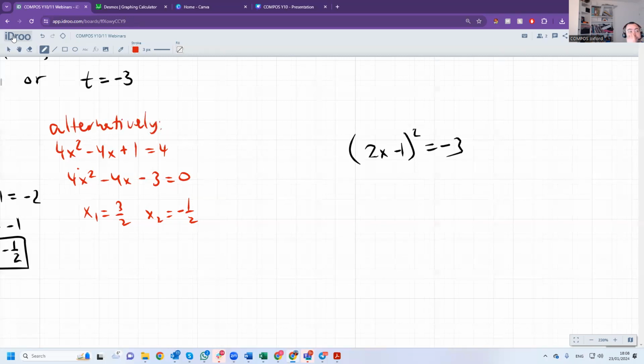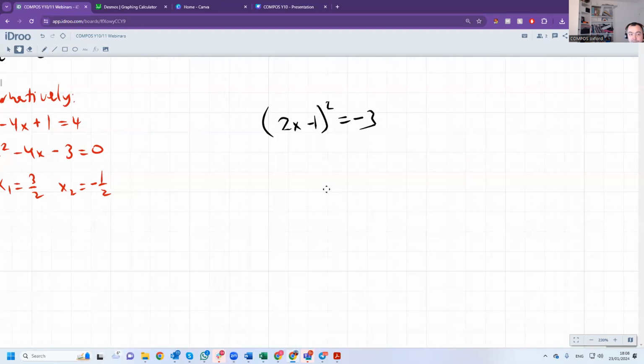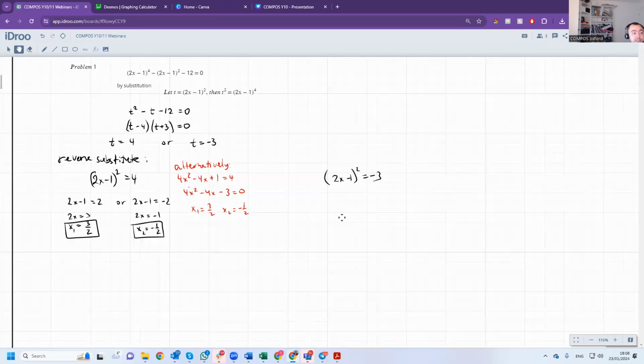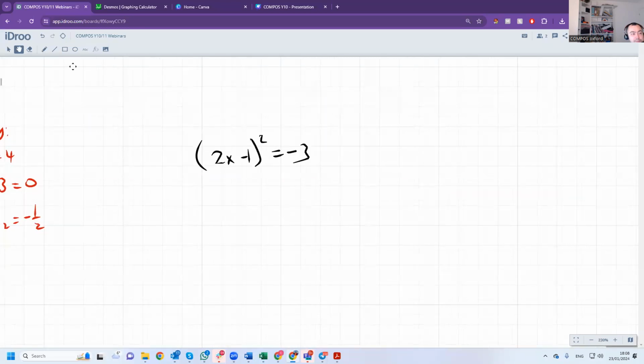What about this one? Deshita has an interesting point of view, that it is an extraneous solution. Well, I wouldn't call it an extraneous solution, but it has no solutions basically.